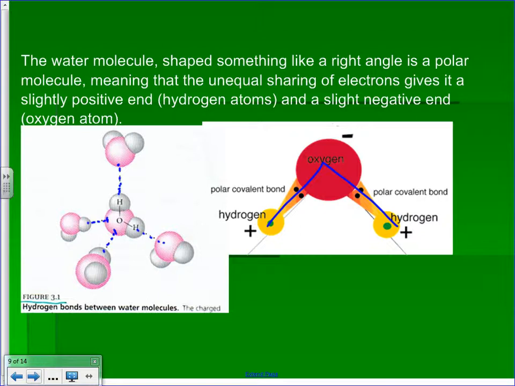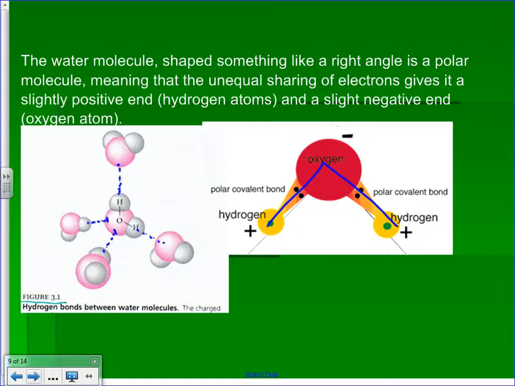And then what will they do? Like charges will repel. And so right at the instant before water freezes, they get really close, and there's this almost elastic repulsion action that happens right before the water freezes.